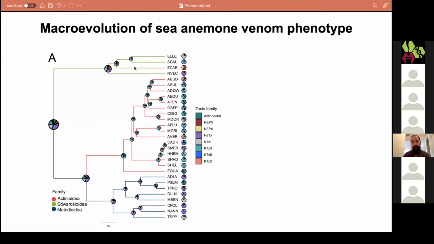From this mapping, we were able to generate the venom phenotype for each species, highlighted at the tips of this tree. And an observation we saw was that for the majority of the species, a single toxin family seems to dominate the overall venom phenotype, accounting for more than 50% of the total gene expression values, or TPM.